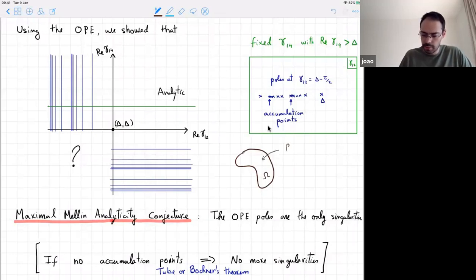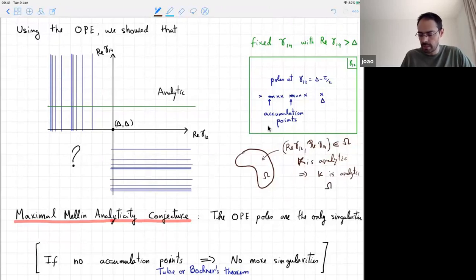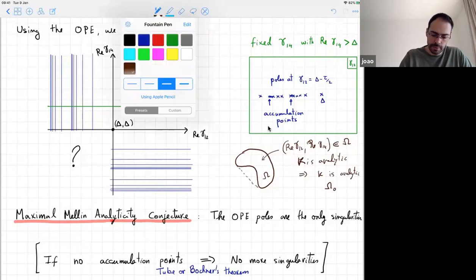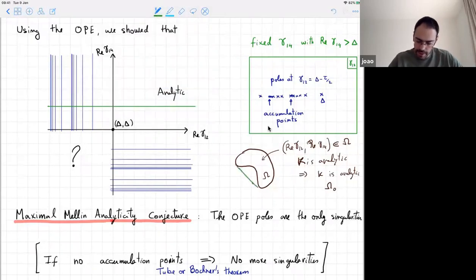So this is real part of gamma 1,2, real part of gamma 1,4 belonging to omega. The function k is analytic. Then it immediately implies that k is analytic in the convex hull of omega, let's say omega 0. You cannot have any other singularity inside the convex hull.